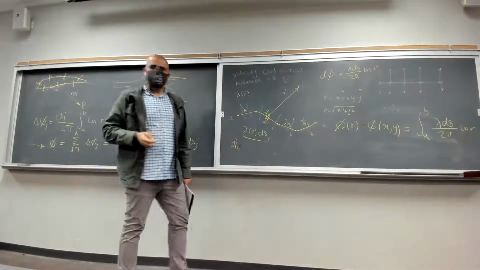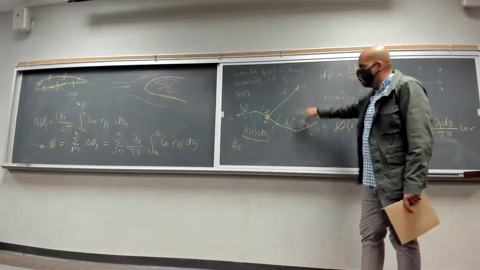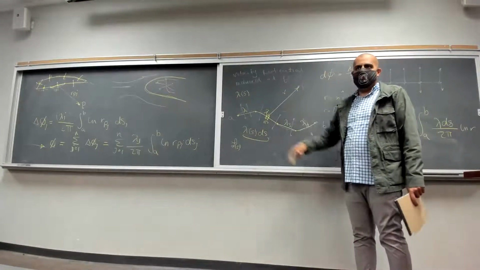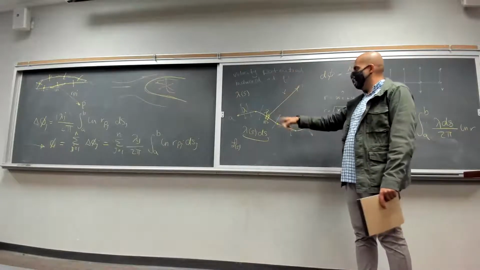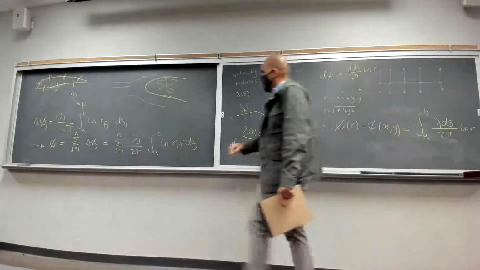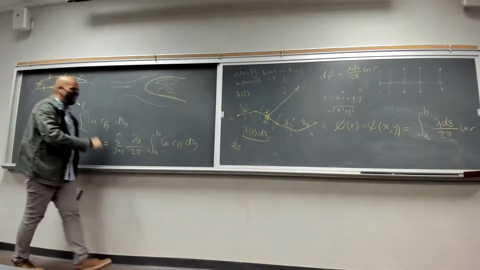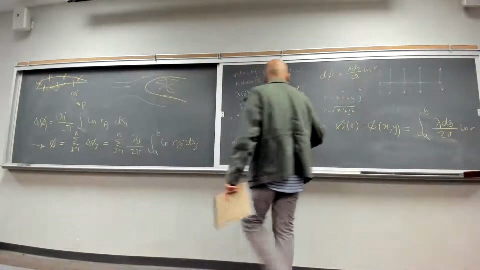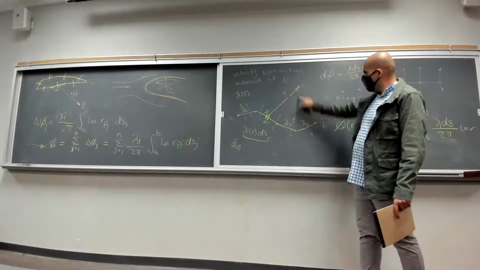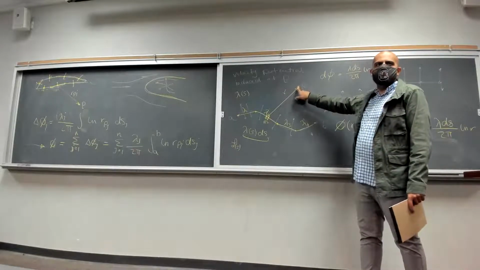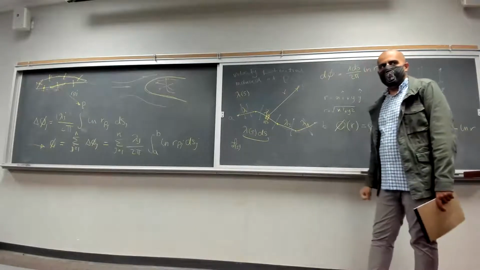So the velocity induced by this panel on this point P is going to be lambda 4 divided by 2 pi, and lambda 4 is not changing, it's constant. You can take it out of the integral. Integral from this point to this point of natural log of r, this distance, multiplied by ds, which is the derivative of the surface here. Okay?